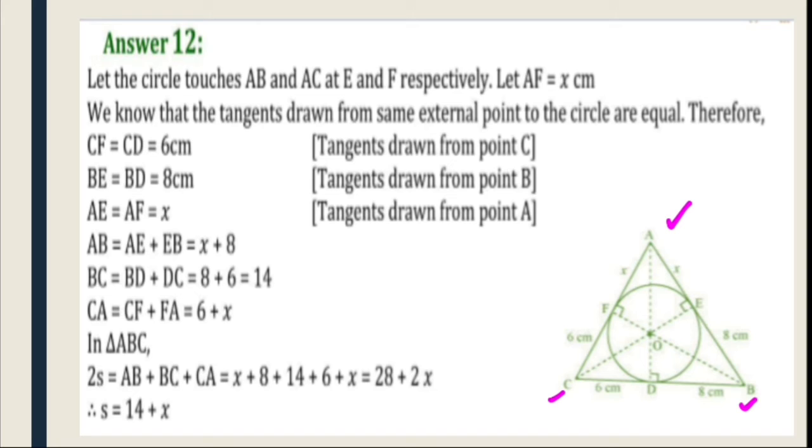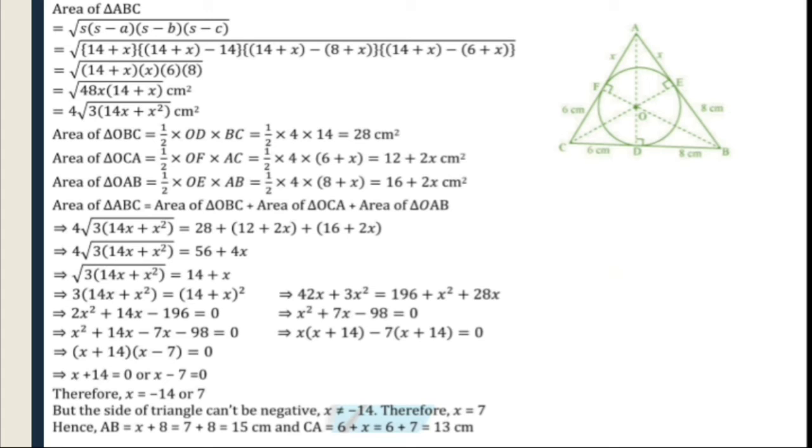First of all, the perimeter of this triangle will be AC plus BC plus AB, that is X plus 8 plus X plus 6 plus 14, and I am denoting the perimeter as 2S. So 2S is equal to 28 plus 2x. So half perimeter S is equal to 14 plus x. So you have got the value of half of the perimeter.